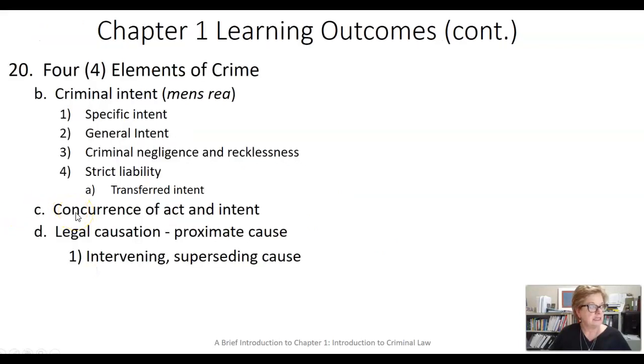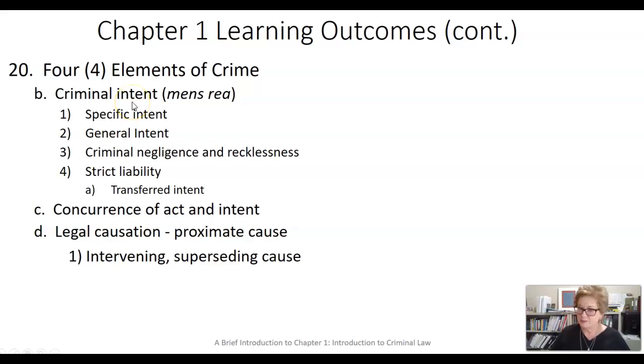And then we'll look in detail at criminal intent, the four different types of intent, which, for example, in murder, the difference between first and second degree murder and between murder and manslaughter is going to basically come down to what level of intent the person who caused the death had.